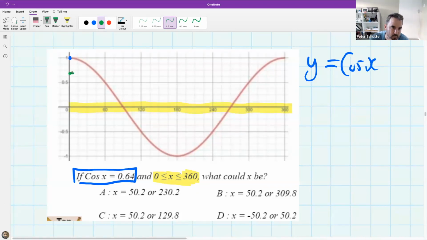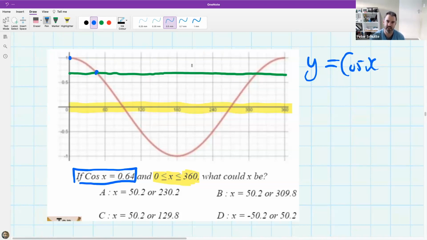I guess 0.64 would be somewhere. So I want to know, when does the cos graph, the red graph, hit 0.64, symbolized by the green straight line?